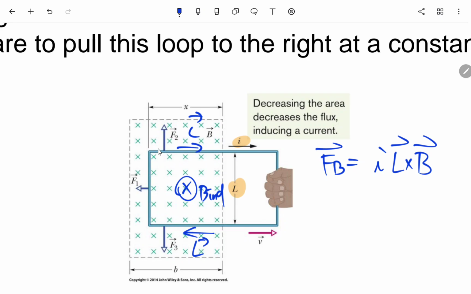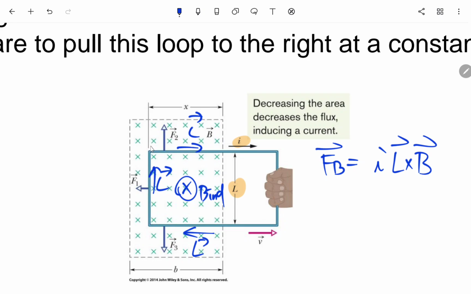And actually, L for this part and this part will be the same, the B field is the same, and the current is also the same. So F2 and F3 have the same magnitude but opposite direction, so these two forces cancel each other. And finally we have this one. L is pointing upward, so for L cross B, with your forefinger pointing upward and into the page, your thumb is pointing to the left side.